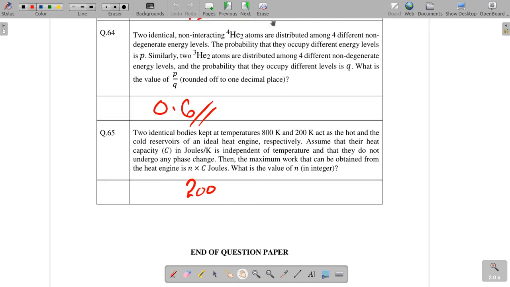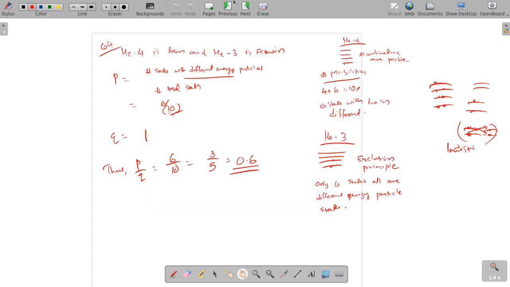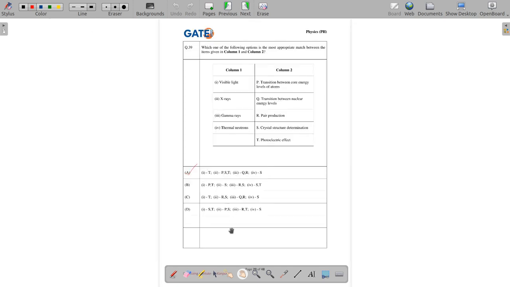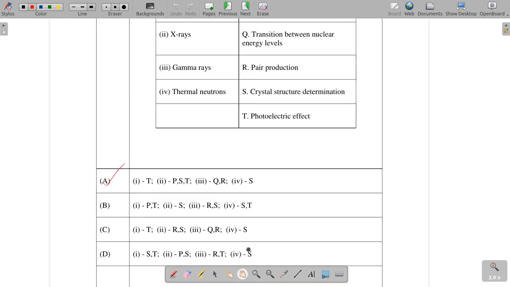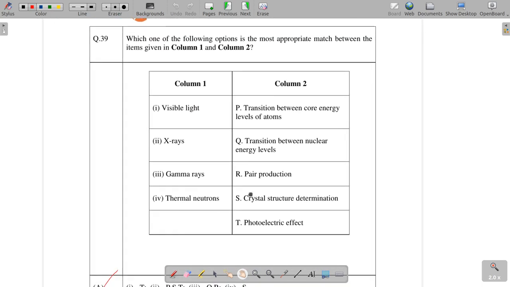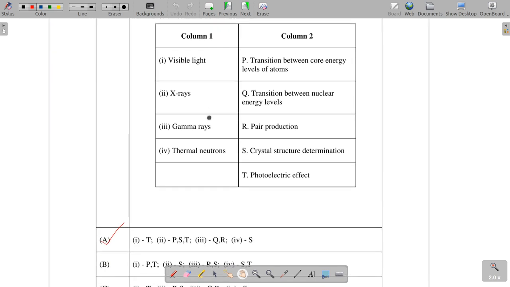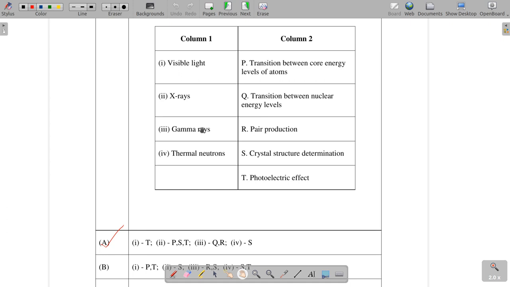Okay, the next question I am not discussing. Whatever questions come next, I skip through them. Most appropriate matching between column 1 and column 2: just check, these are easy questions.